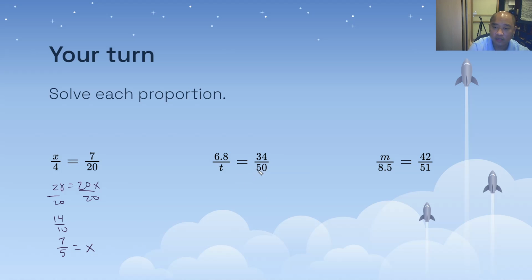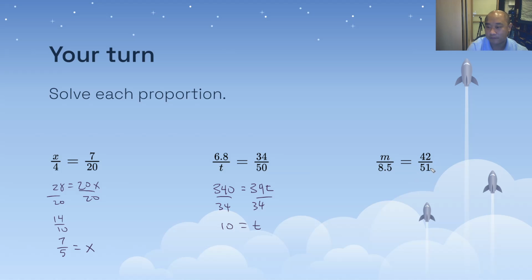And then here we have 50 times 6.8 is 340 equals 34t. Divide both sides by 34, and that gives us 10 equals t.